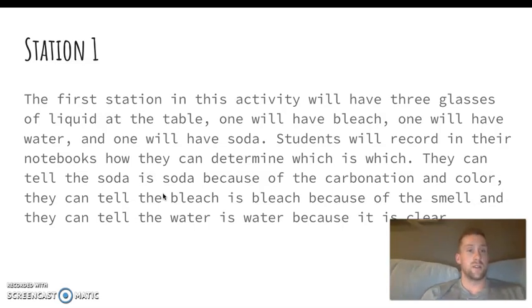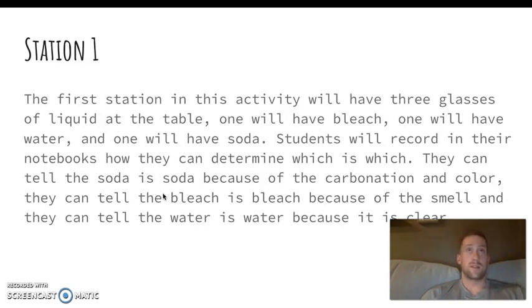An example station, the first one would be a station that has 3 glasses of liquid at the table. One will have bleach, one will have water, and one will have soda. And students in their groups will have to record in their notebooks and explain how they can determine which liquid is which.